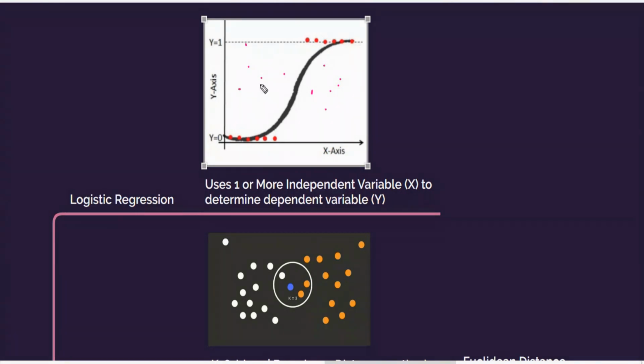In that scenario, logistic regression will try to find the mean value, and whatever points come above the mean value.